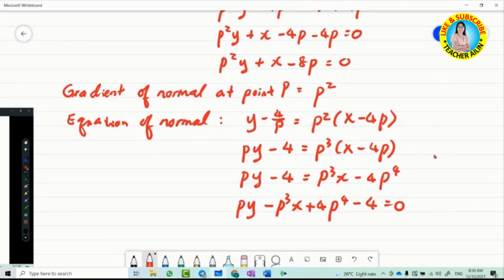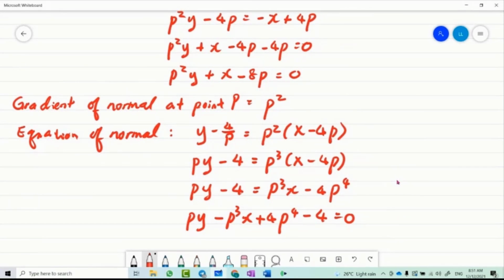Okay, anything you want to ask up to here? Remember, if you want to say gradient of tangent, gradient of normal, you have to mention at what point. Because the curve yang sama, okay, curve yang sama, gradient dekat point P dengan gradient dekat point S dia lain.